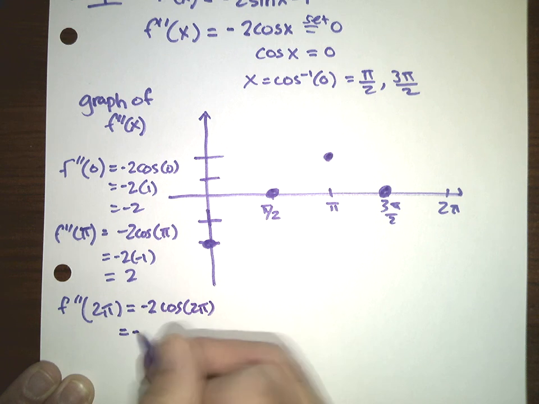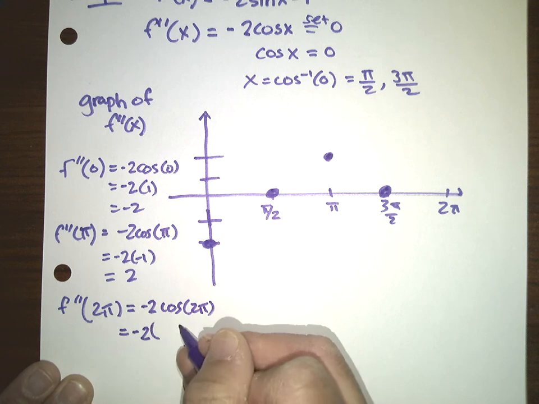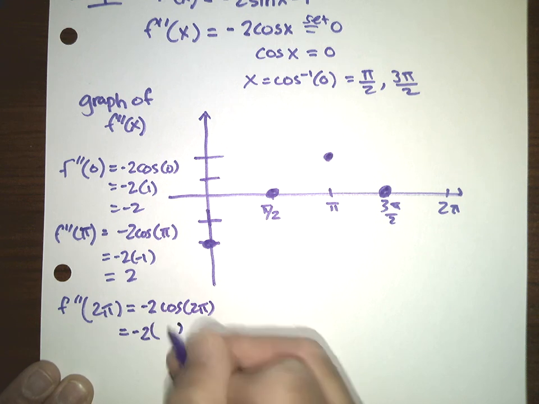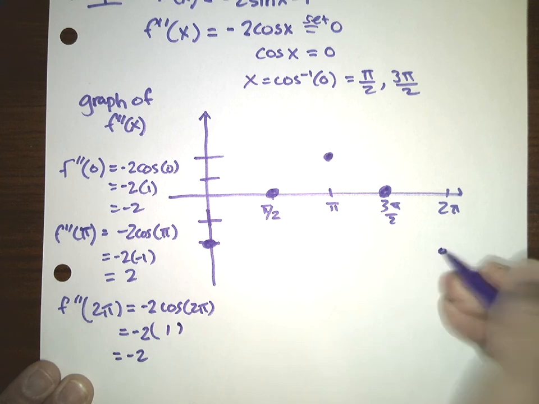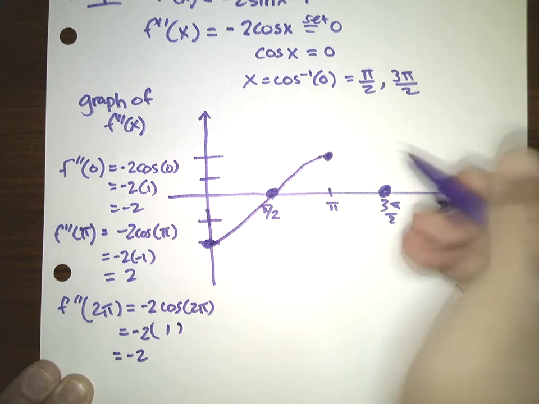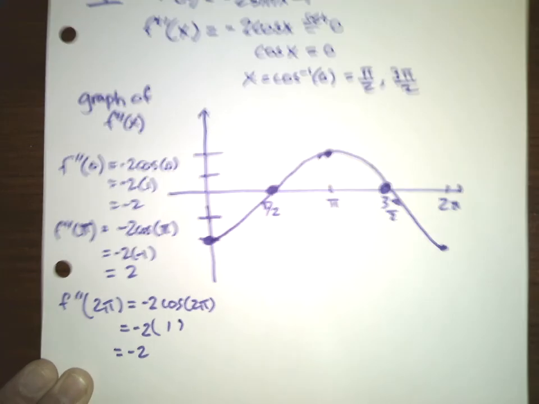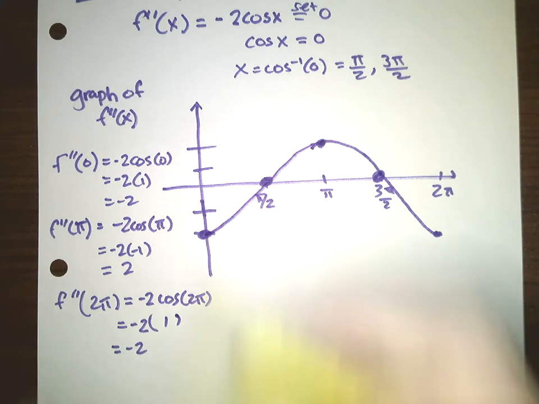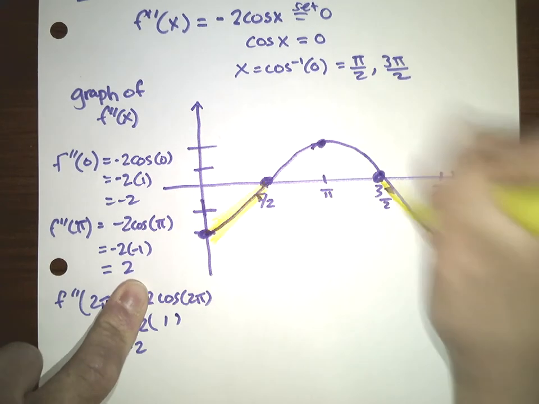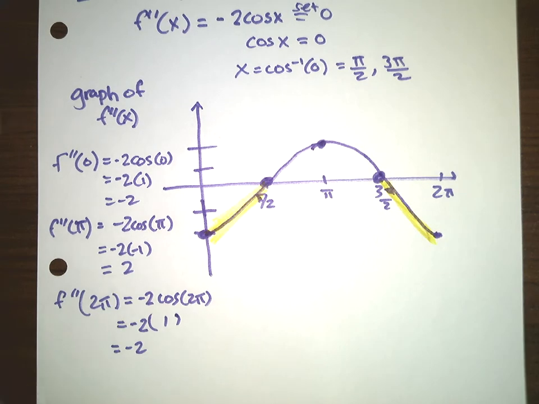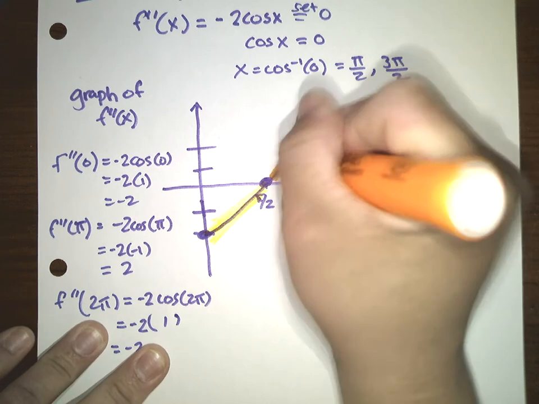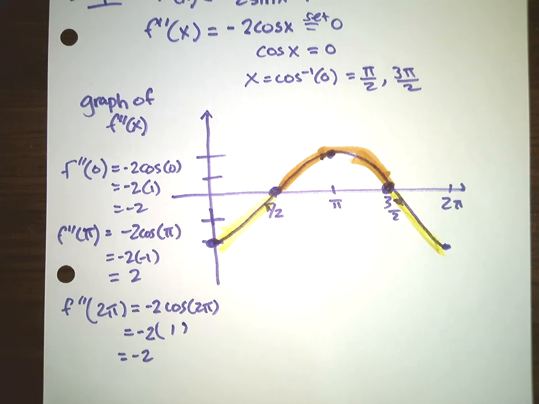This will be negative 2 times 1, which is negative 2 again. So this just looks like this. All right. So now here are the points where f double prime is less than 0, and here's where f double prime of x is greater than 0.